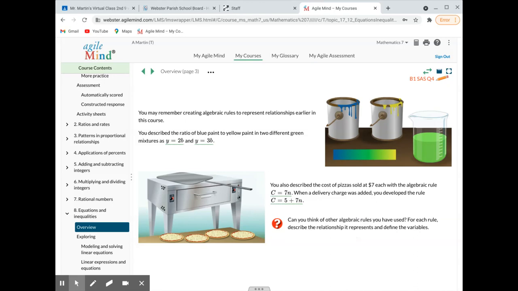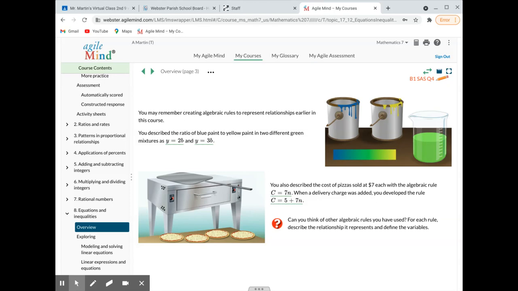All right. You may remember creating algebraic rules to represent relationships earlier in this course. You described the ratio of blue paint to yellow paint in 2 different green mixtures as y equals 2b and y equals 3b. You can also describe the cost of pizzas sold at $7, which is the algebraic rule C equals 7n.